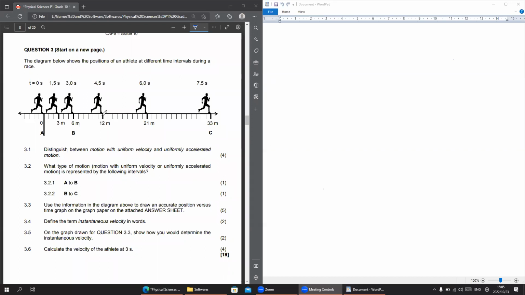He covered 6 meters in 1.5 seconds, and then ran another 9 meters in 1.5 seconds. From the way he's running, you can see that he started off at a constant velocity and is now accelerating because he's covering a greater distance at each time interval.